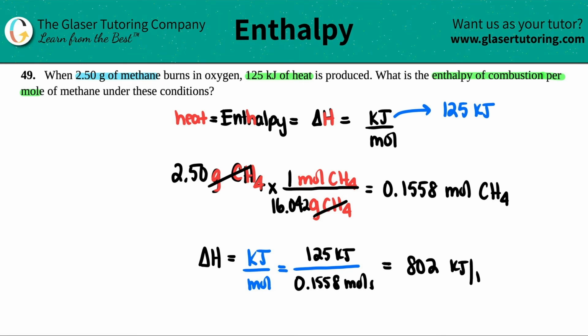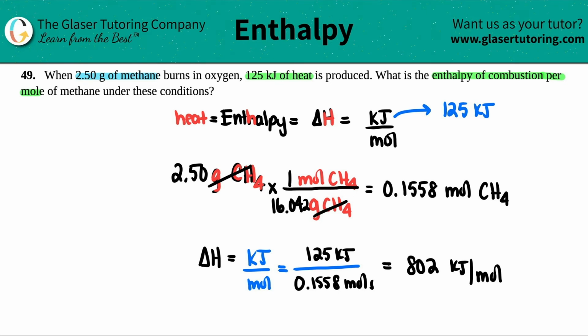Kilojoules per mole. Now, just know, guys, that generally combustion reactions are always going to be exothermic. Exothermic means that the energy being created is going to be released into the environment. That means when these hydrocarbons, such as methane or methanol or isooctane, burn in oxygen, there's going to be heat that's being produced and released into the environment.